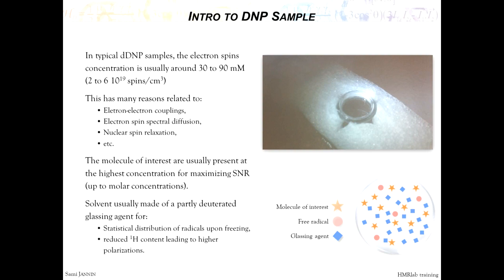We notice that if there are fewer protons, usually the protons polarize higher or faster. We will talk about that in more detail in the DNP section. Usually the DNP juice, for example in MAS DNP, only has 10% of water. The rest is deuterated, and this is enough to do CP. We don't need a fully protonated sample to do efficient CP.